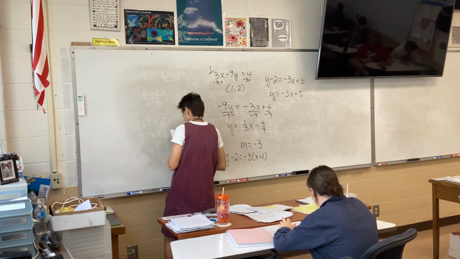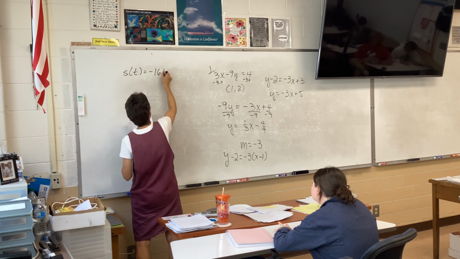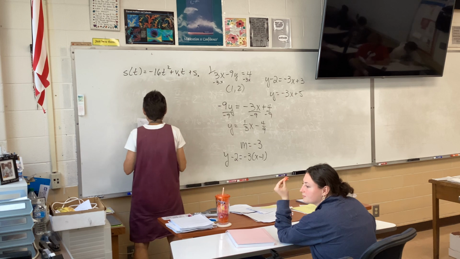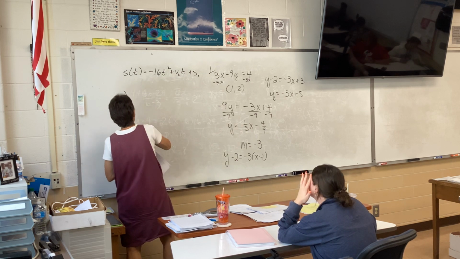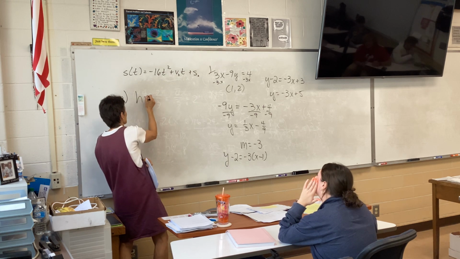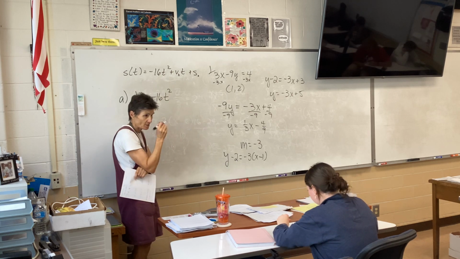Our projectile motion, here's the formula that you're starting with. And here we go. Write the equation for our particular problem. I know it's going to be h equals -16t squared, because that part never changes.